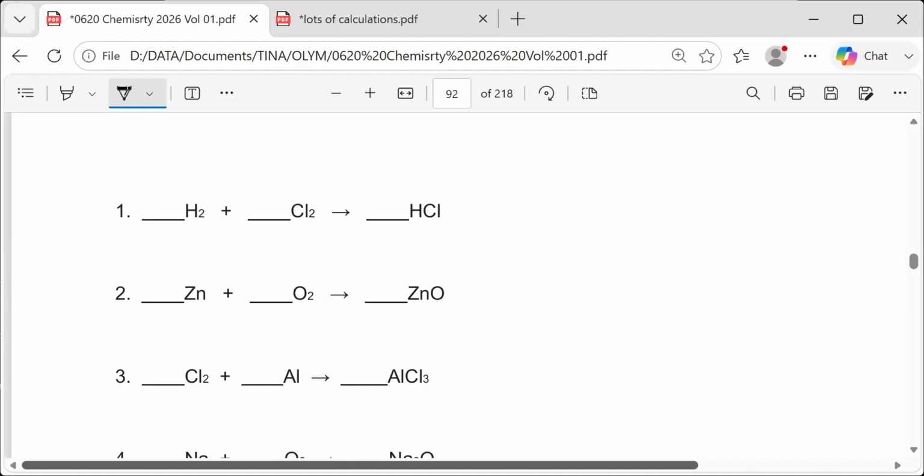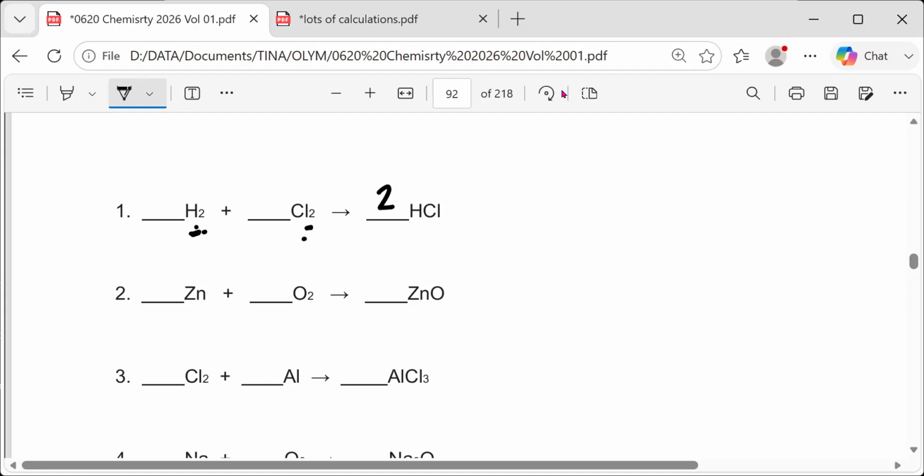This is how you balance. The numbers here, hydrogen and chlorine, H2 and Cl2, those we cannot change. We can only change the number in front. So here got 2, here got 2, we put 2 in front, and that's it.